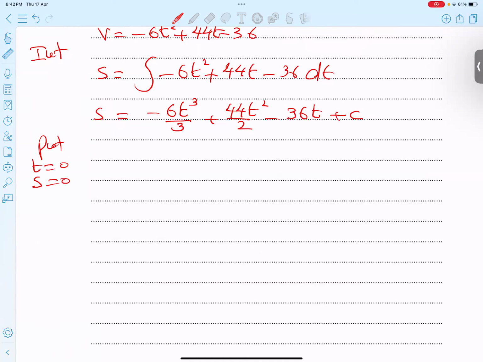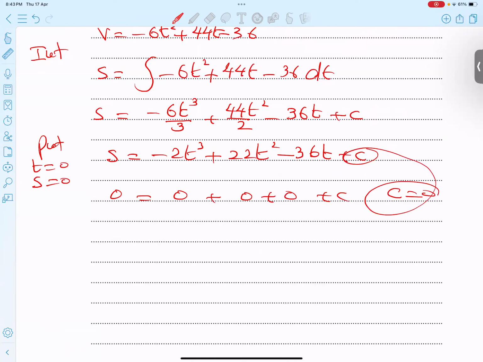Before I complete it, I simplify. Now I'm plugging in s equals 0, and common sense, all terms are 0, so c becomes 0. I'll plug this back in the equation. So displacement, finally, I got negative 2t cubed plus 22t squared minus 36t.